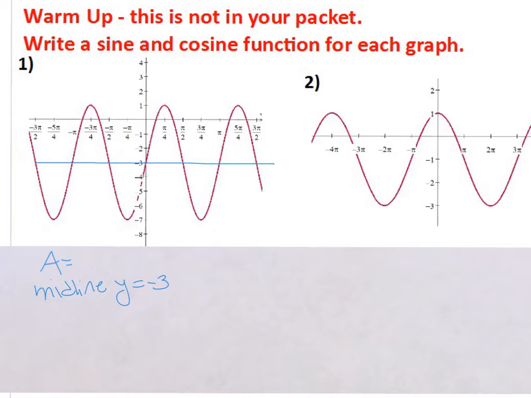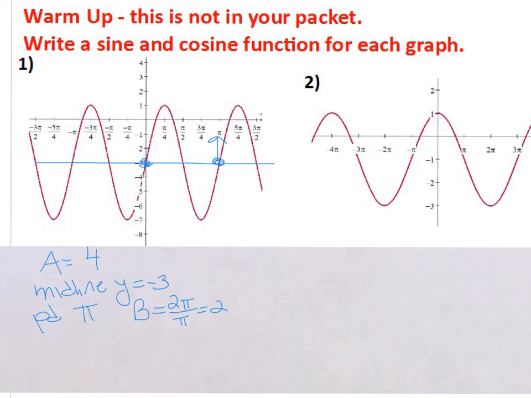And that means then the amplitude is the length from there into the max or the min, which is 4. The period, I'm going to go from here on the y-axis to when we start again. So the period is pi, which means the b value is 2 pi over pi, which is 2.